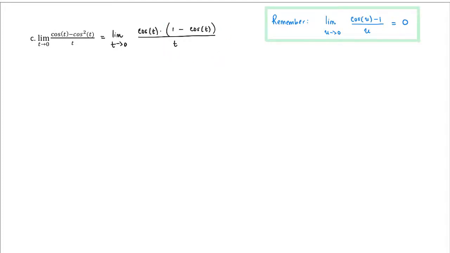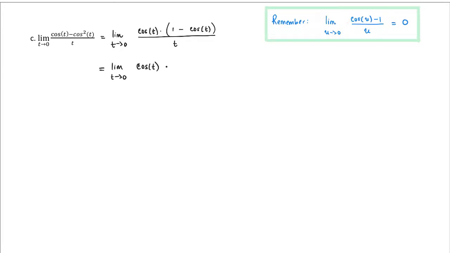So what I am going to do is a separation of factors. I will take the limit as t approaches 0 of cosine of t times 1 minus cosine t, but I want this expression to match this numerator here.